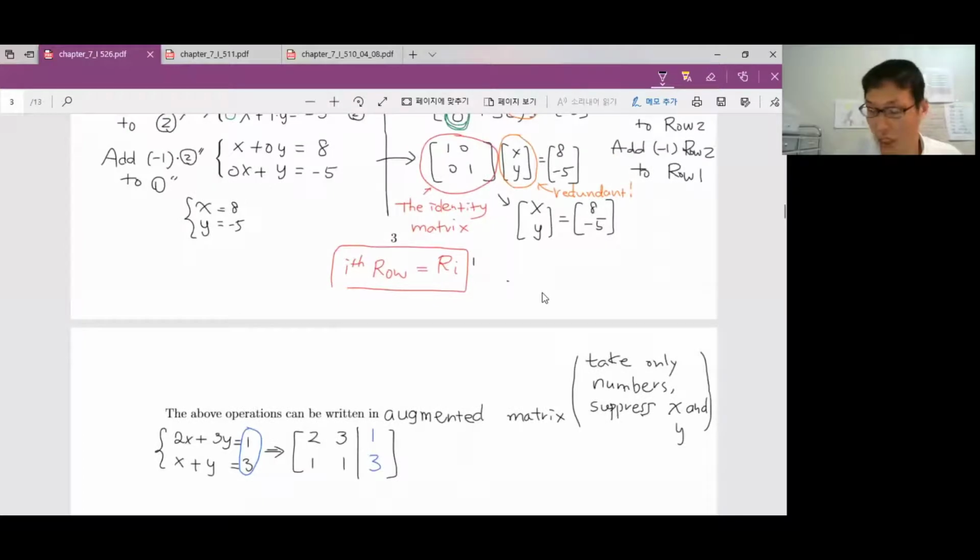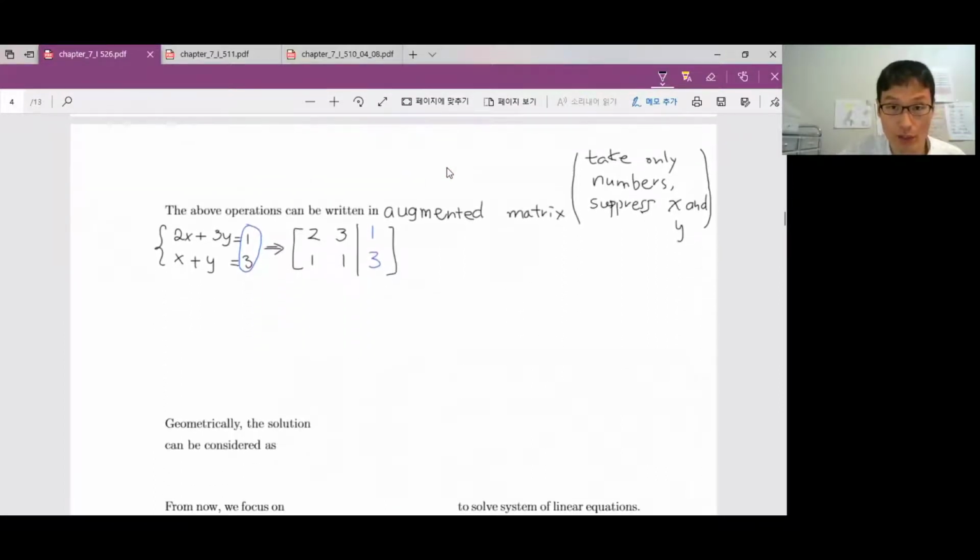But let me point this out. Our goal is to have the identity matrix. This is our goal. So we will apply some operations, but eventually we want to have the identity matrix 1, 0, 0, 1 with whatever on the right, like this.